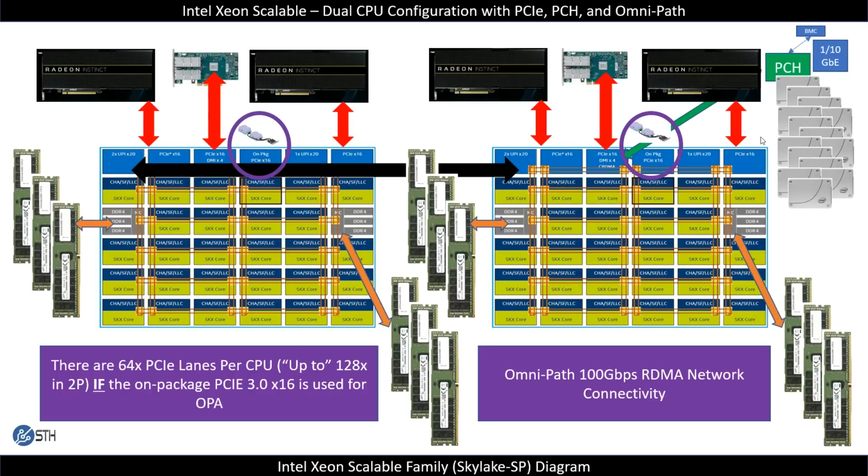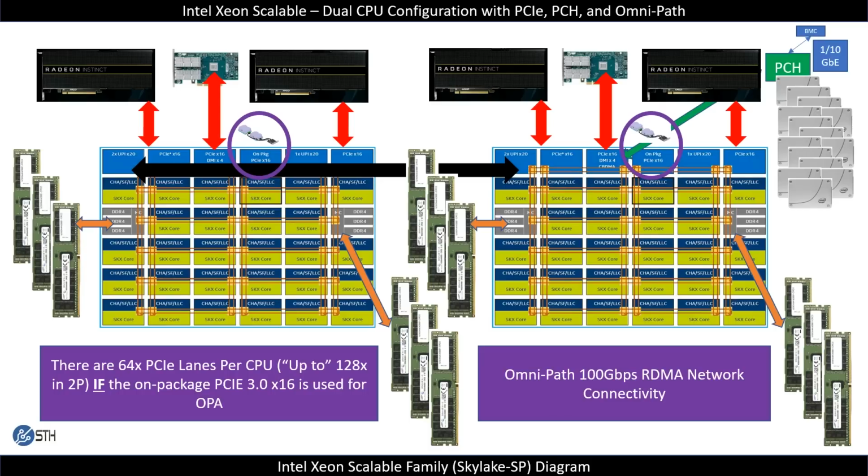And remember, the PCH is providing a bunch of functionality beyond that. Now, Intel doesn't tout 128 lanes because, number one, not all of their CPUs have this. Number two, Omni-Path is only going to be used for a select series of users.